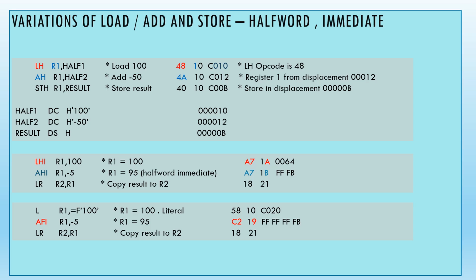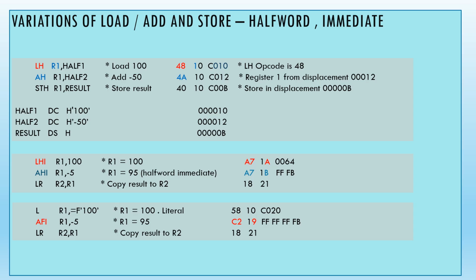If you have not done hexadecimal arithmetic, it may look a little confusing to you. But if you have done it, you will understand it. So practice it. Why did -5 suddenly become FFFB? Think over that. We have done a separate section for it, on how we convert decimal values into hexadecimal values. So AHI is A7A, there is one register which is 1, and the value of -5 we are taking as it is, which is nothing but FFFB.